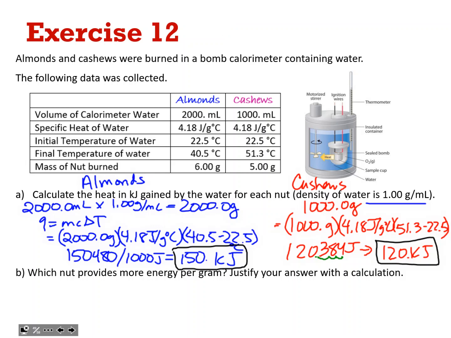Divide by the grams. Very good, because it says per gram, and guess what it gave us here? The grams, right? So that would be for the almonds. Over here for the cashews, 120 kilojoules, and the grams for that one is 5.